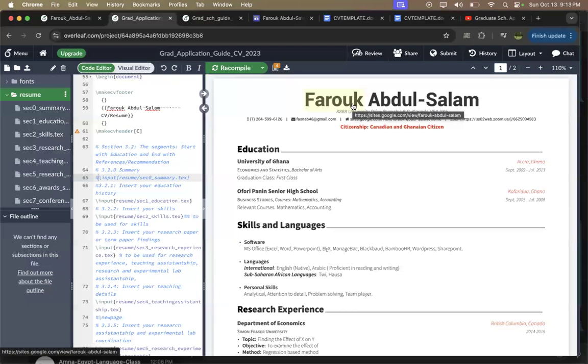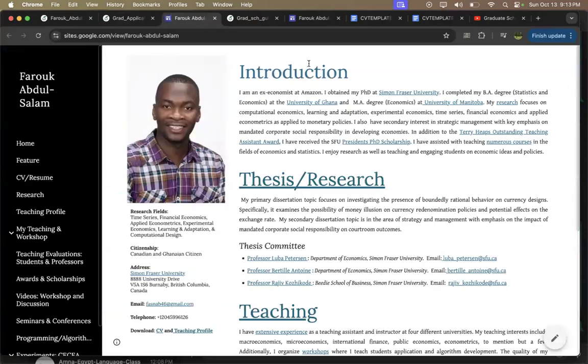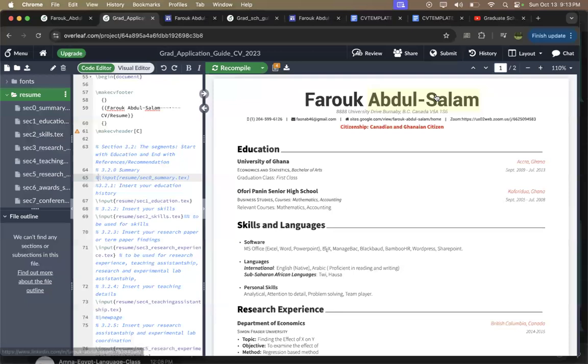That is to say, you can Google me or have a look at who you are trying to hire or who you are trying to pick as your student. If you have a LinkedIn profile, you can add that link to your CV, and whenever the person clicks your name, it goes directly to the website that you have. If, for instance, you have a LinkedIn profile and you want to link your LinkedIn to your CV, you can do that as well.